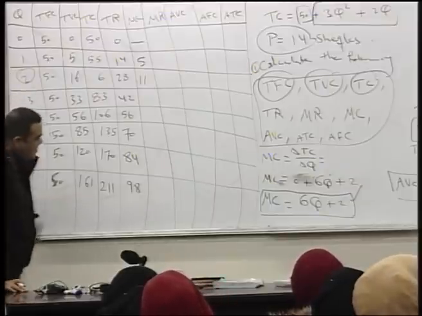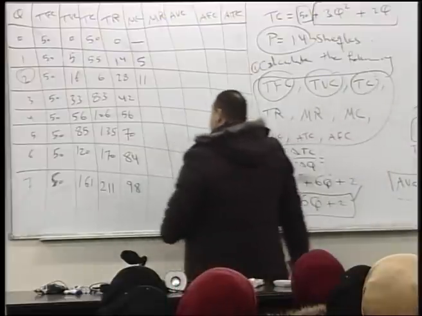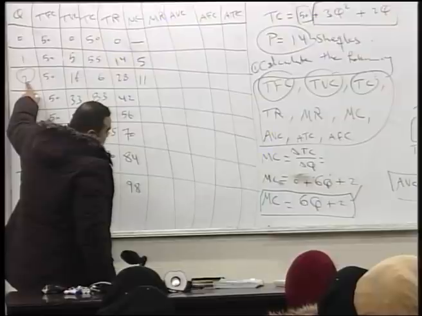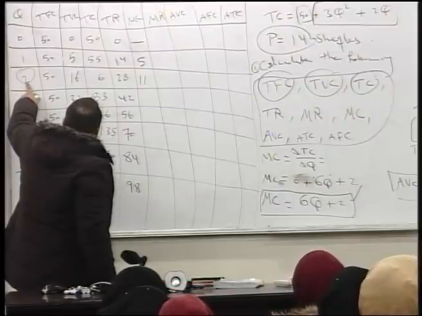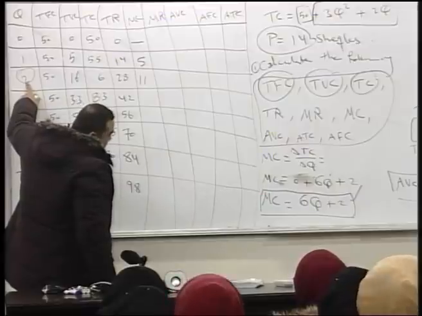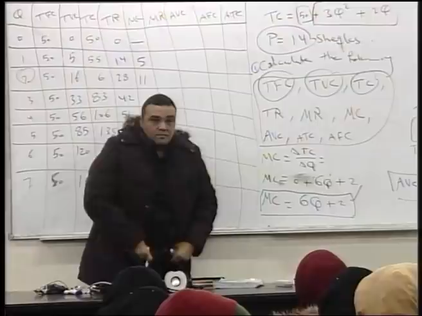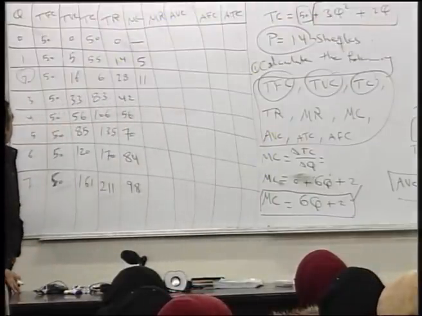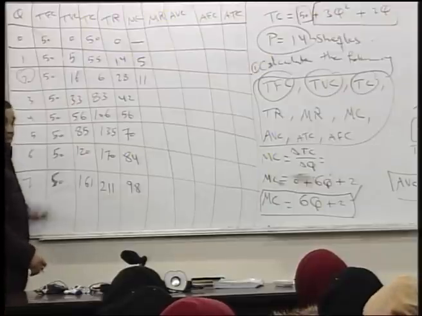Where is the problem here? Change in TVC gives the same result. Where is the problem? Is there an error in the numbers?